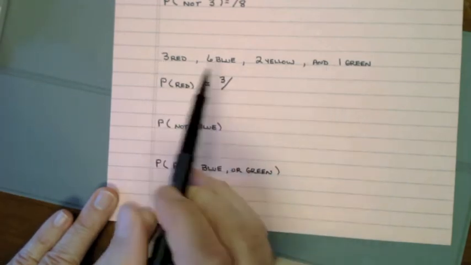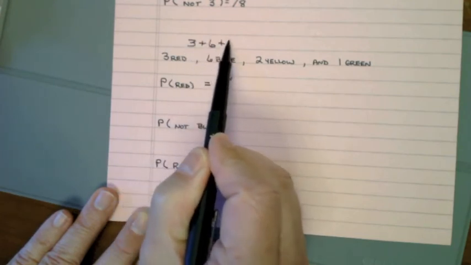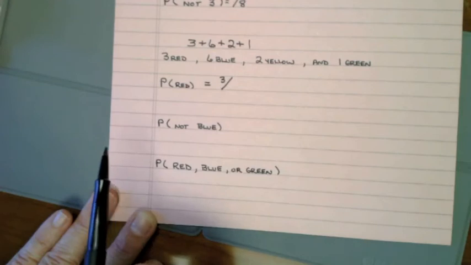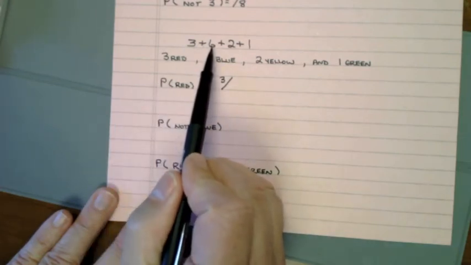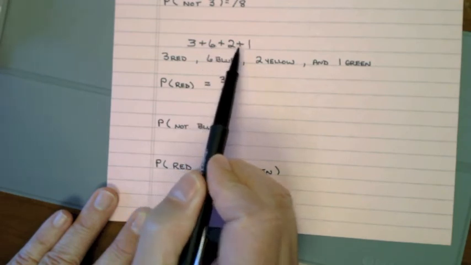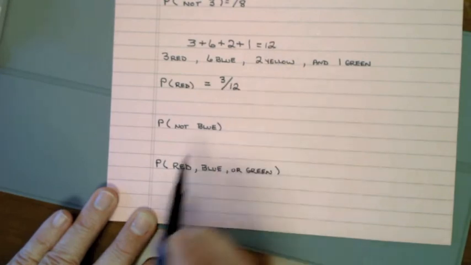Out of how many total? What I do is I add all these up. I've got 3 plus 6 plus 2 plus 1, because that's how many total there are. 3 plus 6 is 9, plus 2 is 11, plus 1 is 12. There's 12 total there.